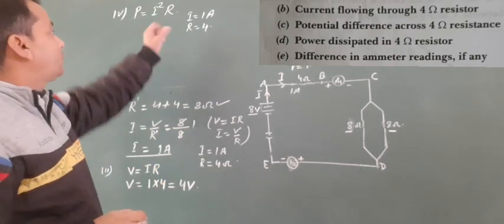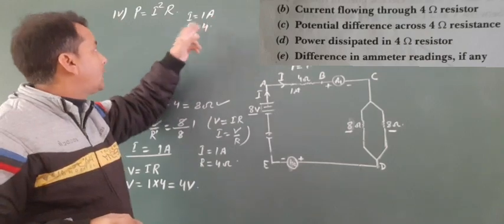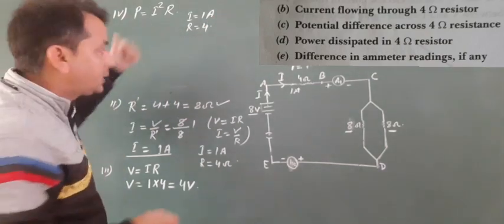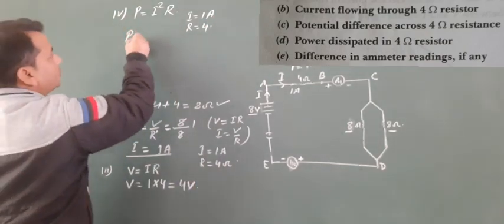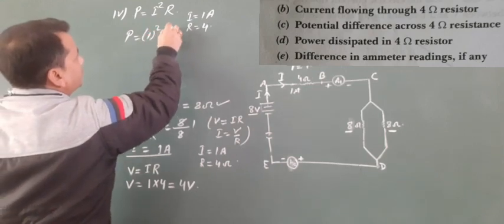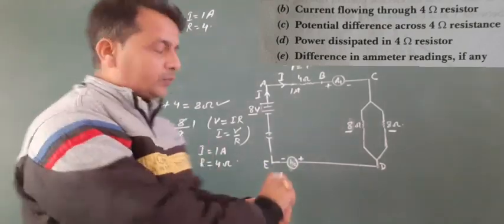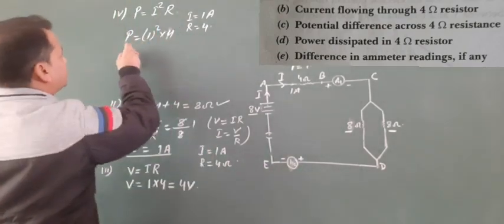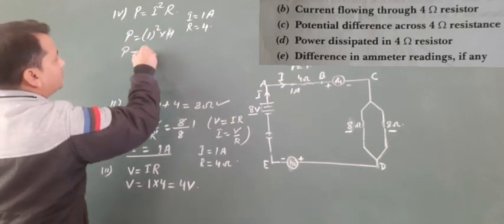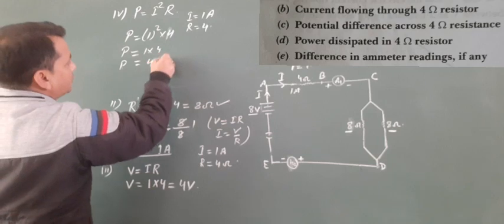Then according to the formula, power P equals I square R. Put in the values of I and R, then P equals 1 square into 4. Then P equals 1 into 4, that is P equals 4 watt.